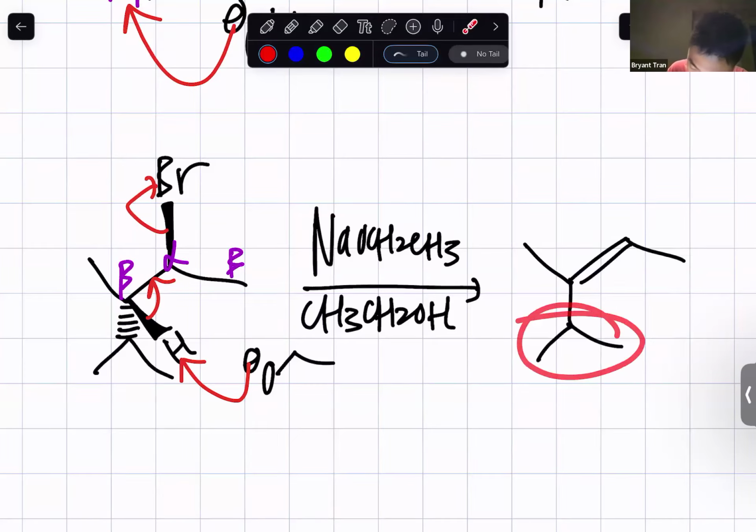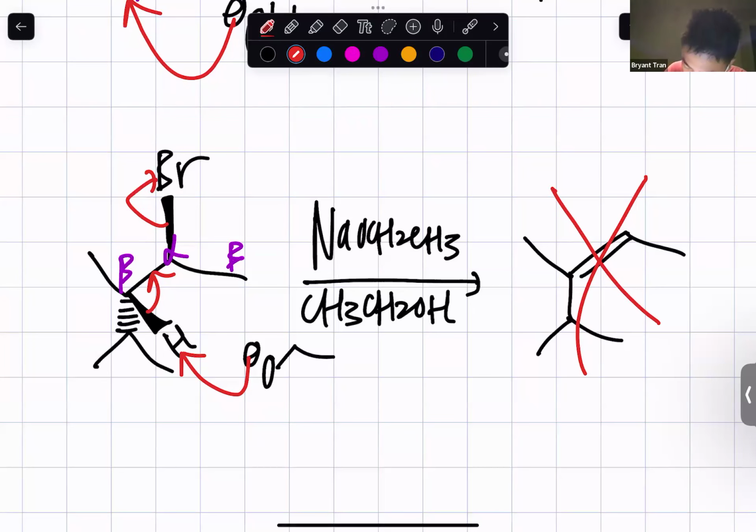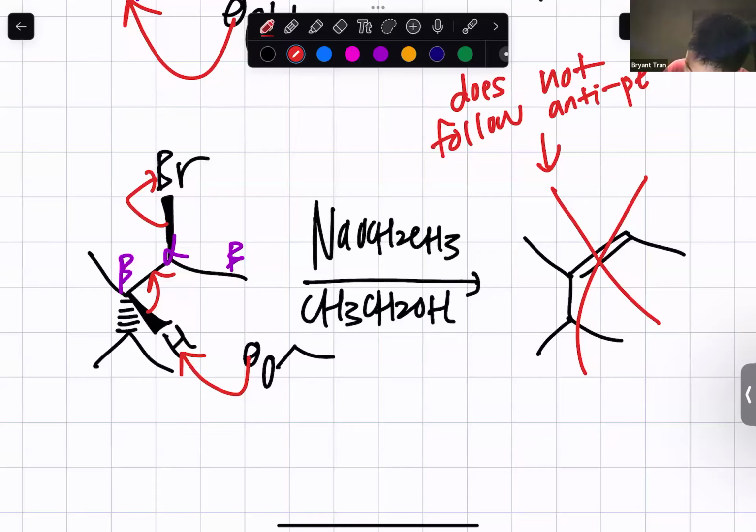The isopropyl here is like it wasn't, but it's fine because this carbon is sp2 hybridized now. This right here would be incorrect because it does not follow the anti-periplanar transition state rule, right?